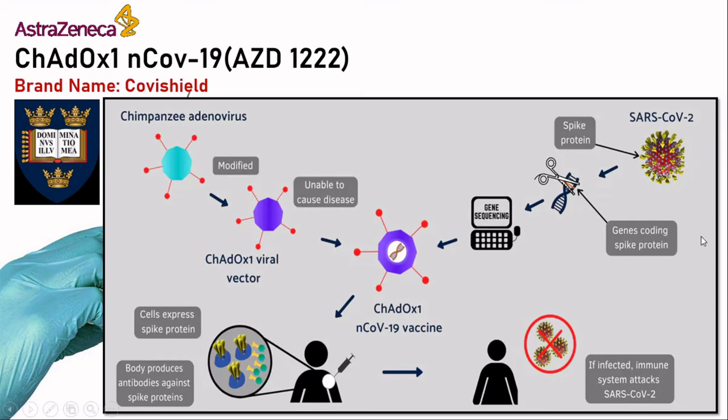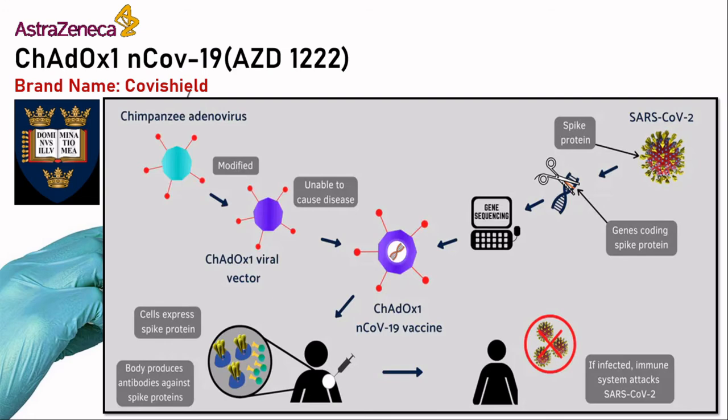On the other hand, this is the SARS-CoV-2 virus. From this virus, we are going to take out its genome, say reverse transcribe it to get cDNA. Once we get cDNA, we are going to convert it into double-stranded DNA, so that we get the coding sequence of the spike protein, and that sequence we are going to put into this modified chimpanzee adenovirus, and this we are going to inject.